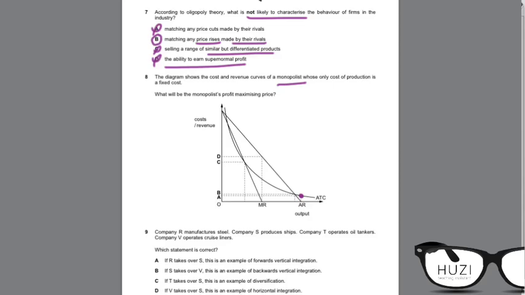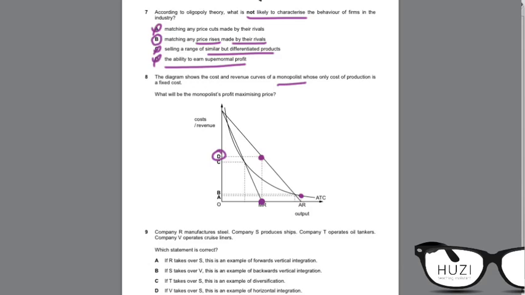So usually the rule is MR equals MC. But we know that total revenue is maximized where MR equals 0. So I think this should be it, where MR equals 0 is at this point, and this is the price. It should be D because the other points really don't mean anything.